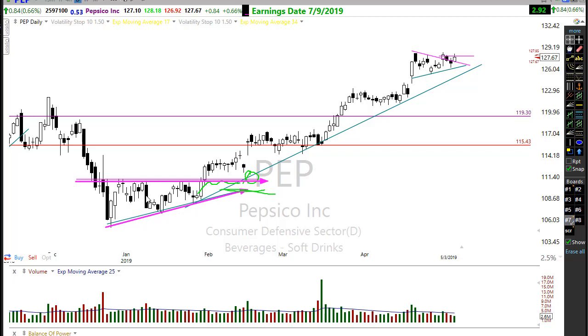Remember what I said about the importance of these patterns, is we have to be patient. We've got to be patient and let the pattern develop. How many times have you seen this? We move up in here and you think, oh, hey, this is going to be a failure, so I'm going to do some kind of a spread in here, and then the stock takes off.